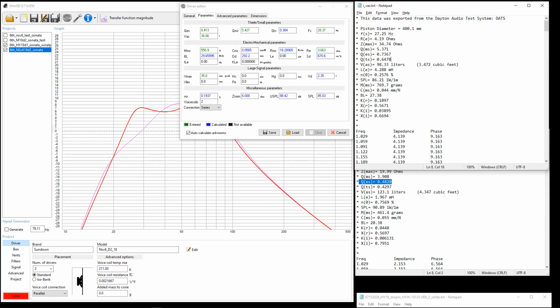But then I was like, well, that wouldn't affect the Q. That would just affect the moving mass and the SPL and perhaps a little bit of the CMS because it's a lighter overall moving mass.